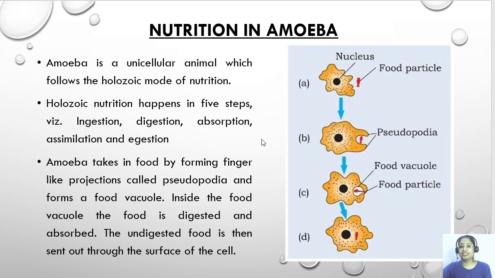So let's discuss amoeba. Okay, nutrition in amoeba. As I said, amoeba is a unicellular organism. You can take a note of this. It is also following the holozoic mode of nutrition.